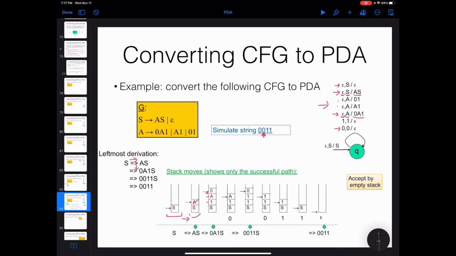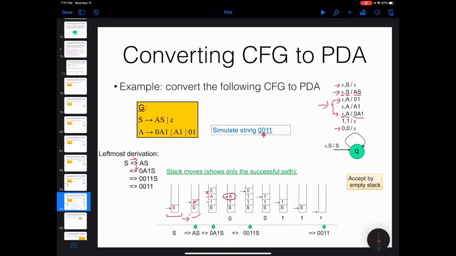The next step: the top of the stack is again A, so I should use one of these transitions. I can use any of them because none of them uses any input, but the one that will end up accepting the string is this one.